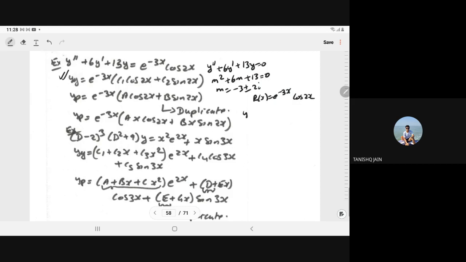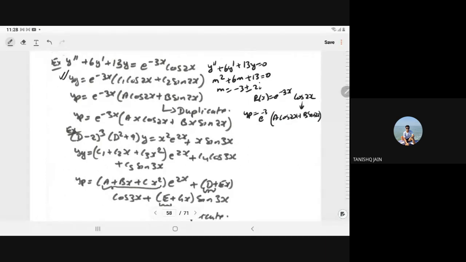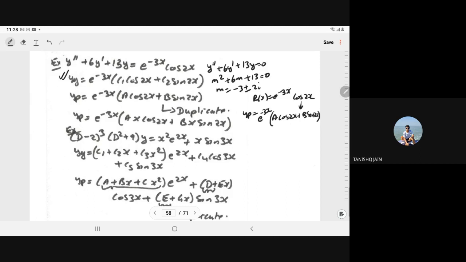what is the general procedure to take yp? Corresponding to cos 2x, we take a cos 2x plus b sin 2x, due to the multiplication of e to power minus 3x, you take this. But when we compare yp and yg, you can see e to power minus 3x into cos 2x in both.